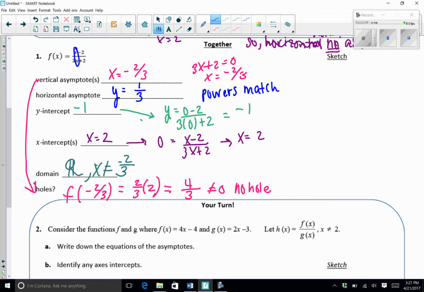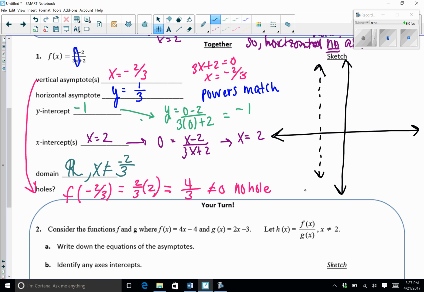Now off to the right-hand side, it's asking for us to sketch. In this video, I'll tell you all of the required components of a sketch to get all credit, starting with your axes. Then go down the line, vertical asymptote at negative 2/3. And let's label it, that's x equals negative 2/3. Everything you graph is everything you label.